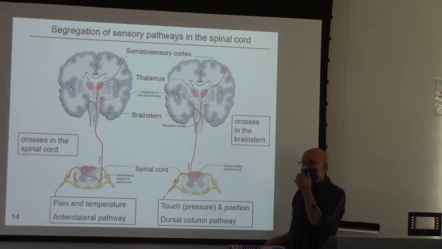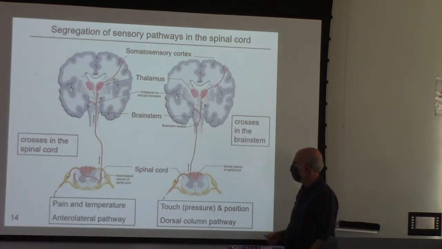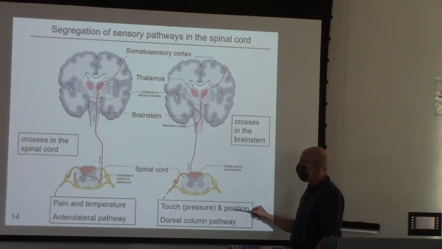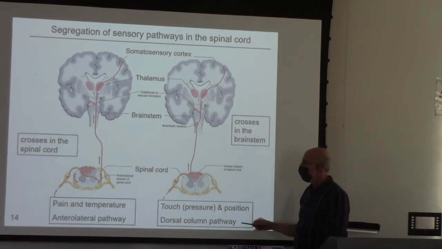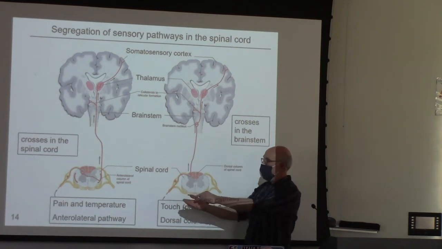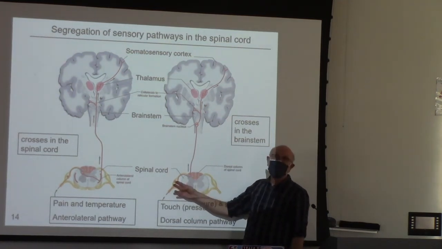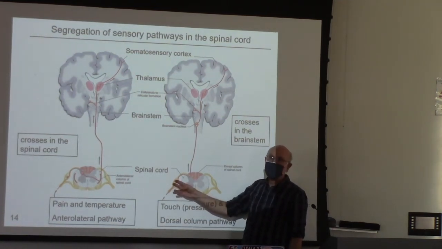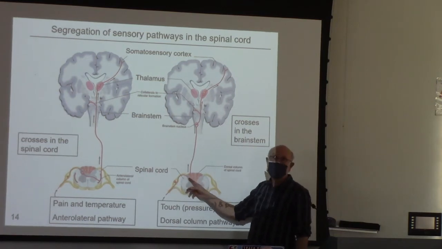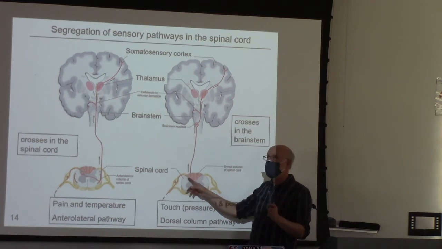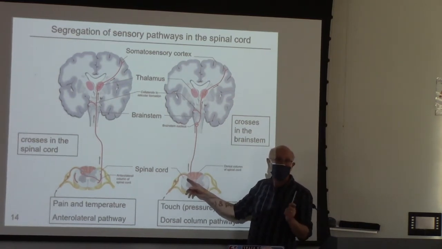Now let's compare the touch and pressure pathway. Okay? Touch and pressure on my right hand. Cell body in the dorsal root ganglia. Enters the spinal cord in the dorsal horn. Does not make a synapse. Does not cross over yet.